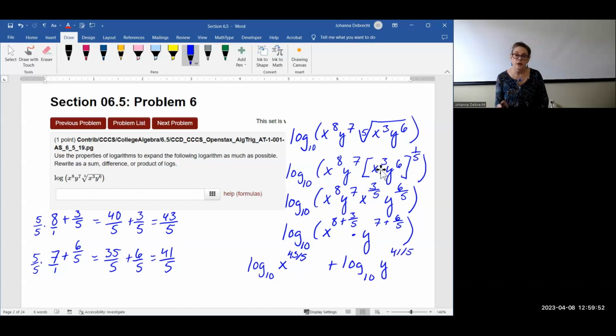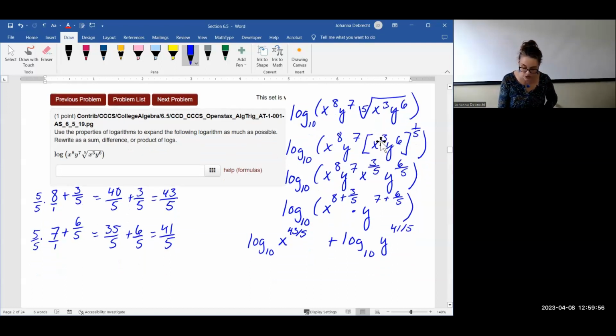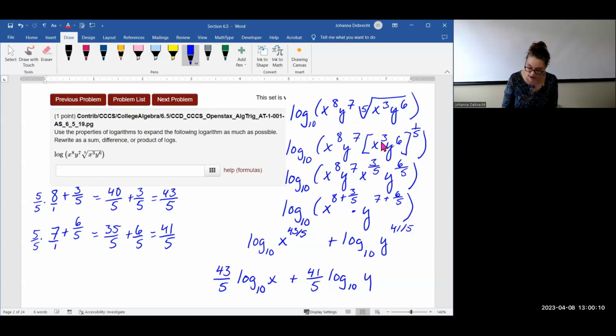And then the last thing we do is bring the power to the front. And so when we bring the power to the front, I'm going to have 43/5 times the log base 10 of x plus 41/5 times the log base 10 of y.